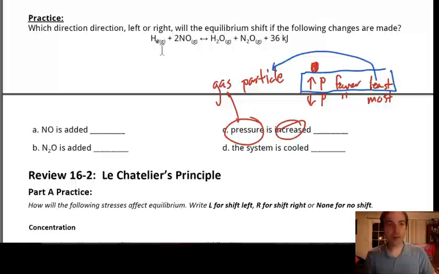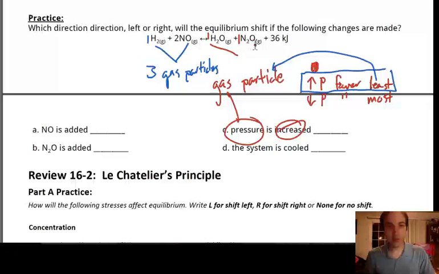Okay, so let's count it up. On this side, hydrogen has a coefficient of 1, and nitrogen oxide has a coefficient of 2, so that means 2 nitrogen oxide particles. Put that together, that's 1 plus 2, 3 gas particles on this side. Now let's look at the other side of the reaction. On this side we have 1 water gas particle and 1 dinitrogen oxide gas particle. That's it. Heat doesn't count, it's not a gas.